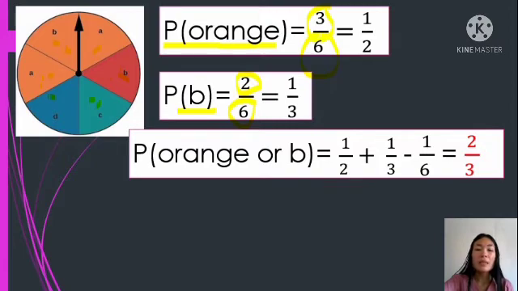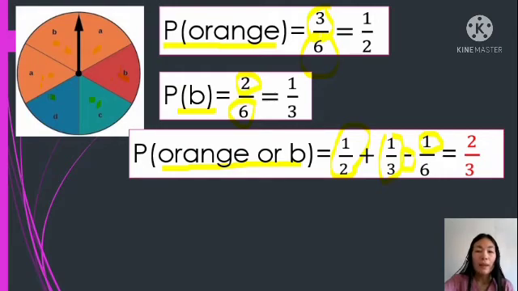So probability of spinning orange or B equals 1/2. 1/2 here is the probability of an orange plus 1/3, which is the probability of spinning B, minus 1/6. Why 1 here?